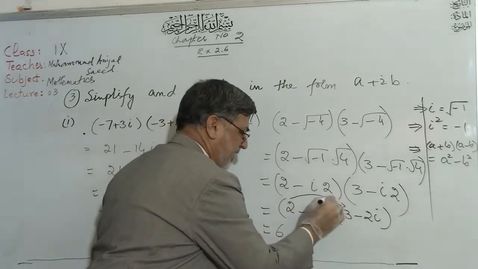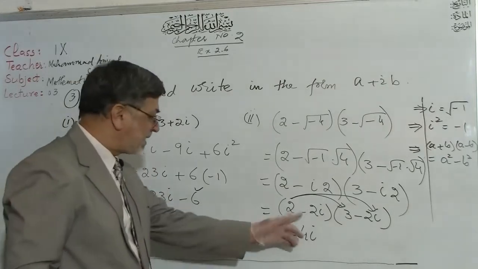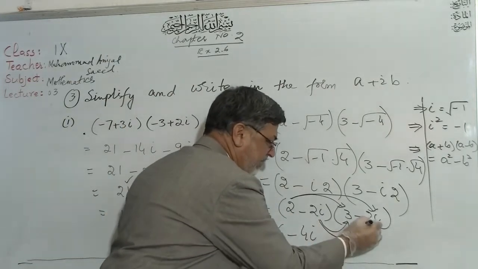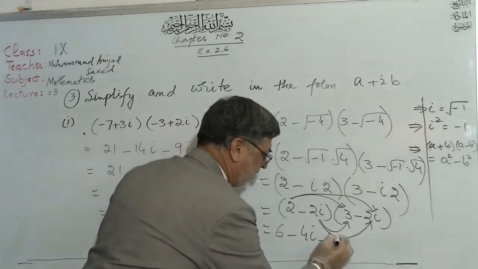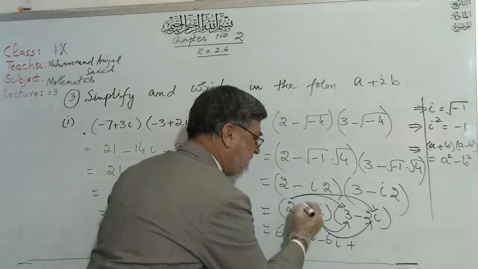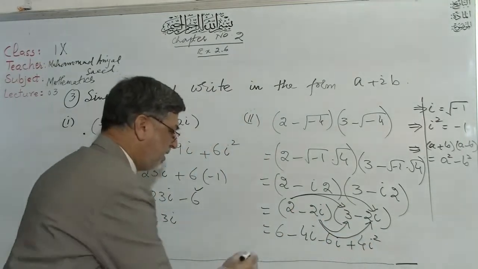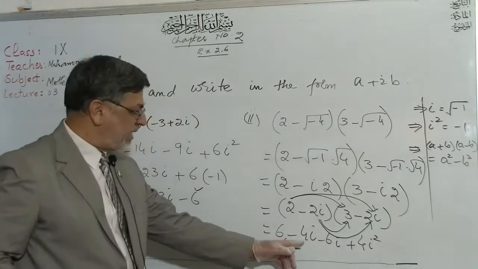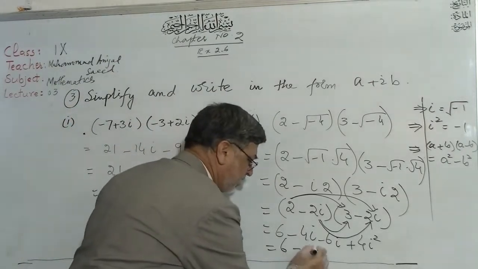You multiply this number and this number. Then you take the second number with first and with second. Here is minus 6 iota and plus 2 into 2, that is 4 iota square. So that will be 6 minus, here is minus 4 iota and minus 6 iota, that will be minus 10 iota.